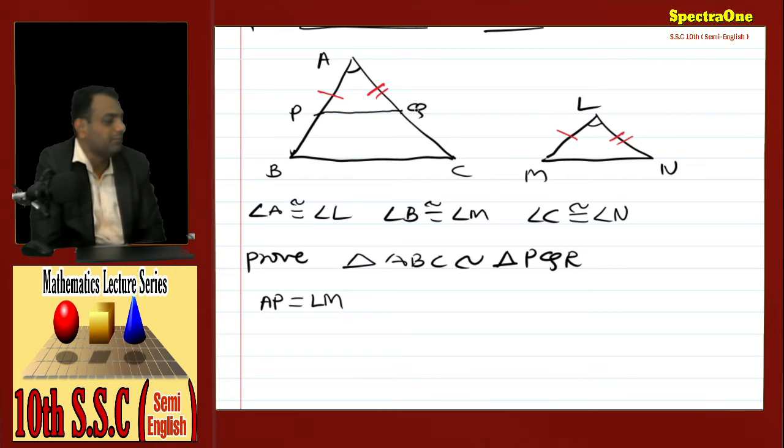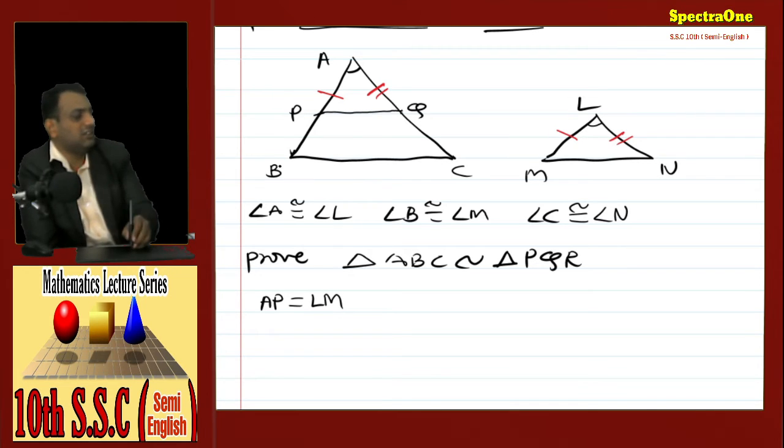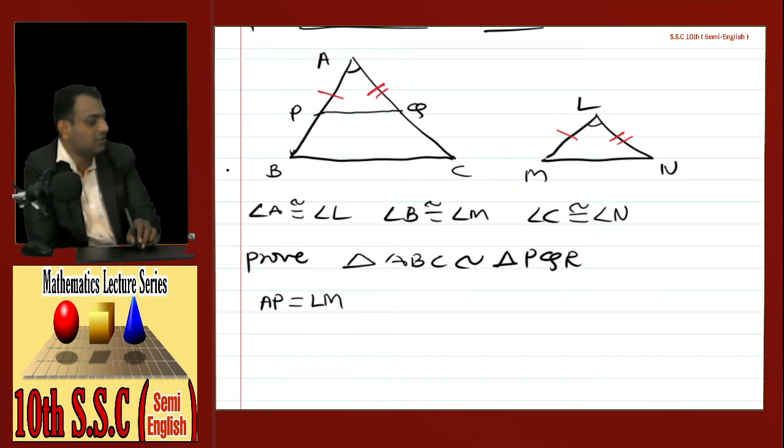Okay, because of that, here in this triangle, AP equal to LM and LN equal to AQ.